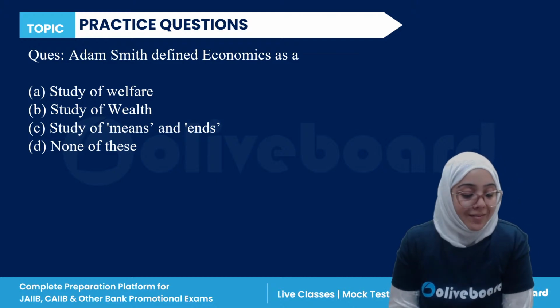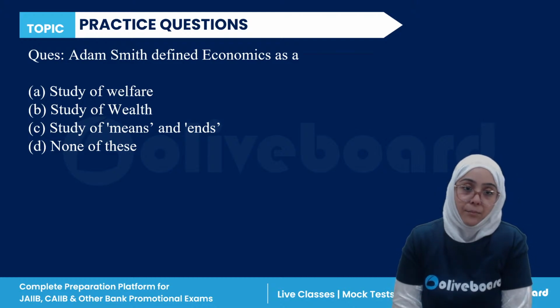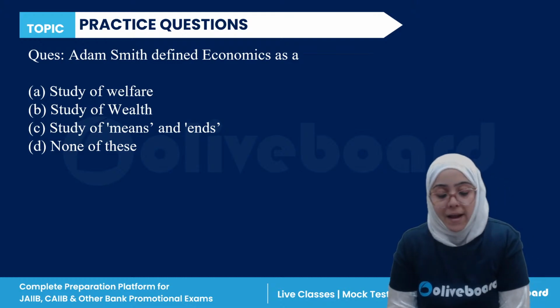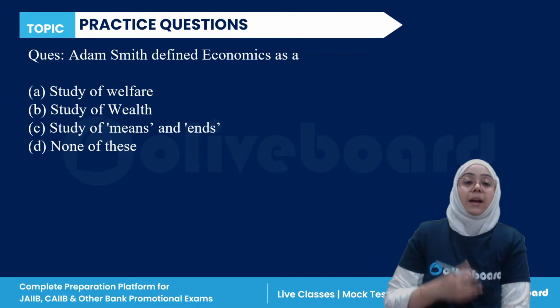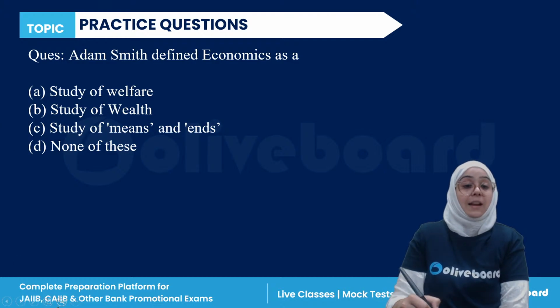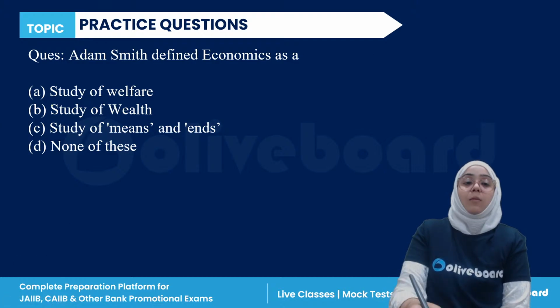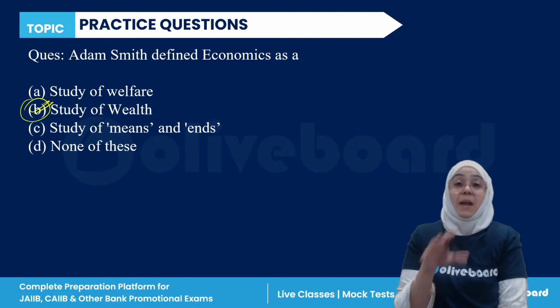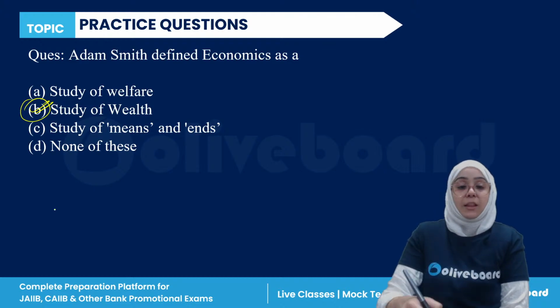Okay, so Navdeep is saying B, Ruchi is saying B, Irfan is also saying B, and Gopal is also saying B. Right, so the correct answer is B. Adam Smith always defined economics as the study of wealth. The very famous book of Adam Smith was The Wealth of Nations.